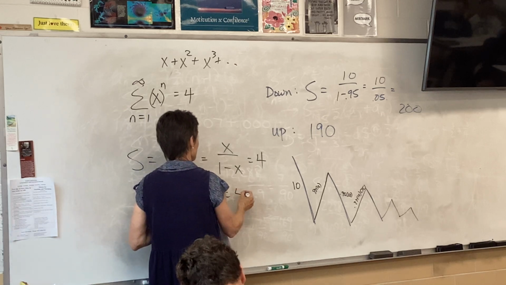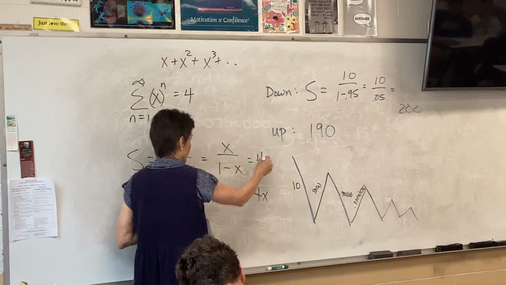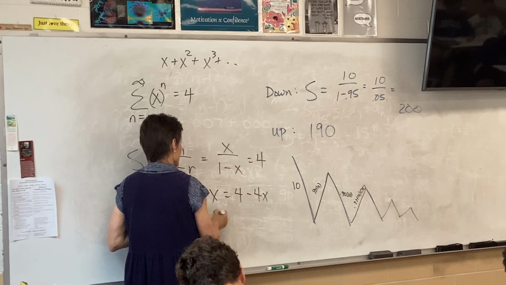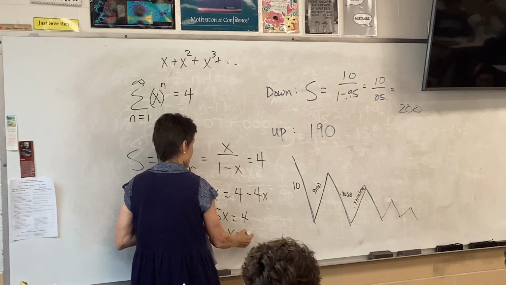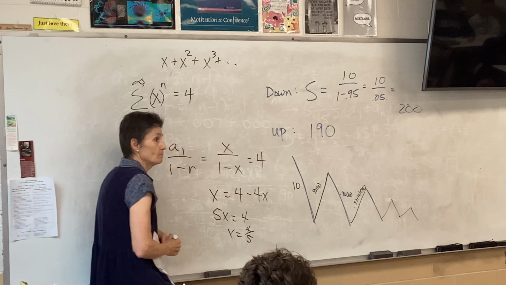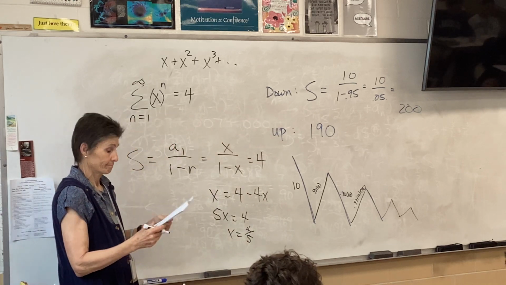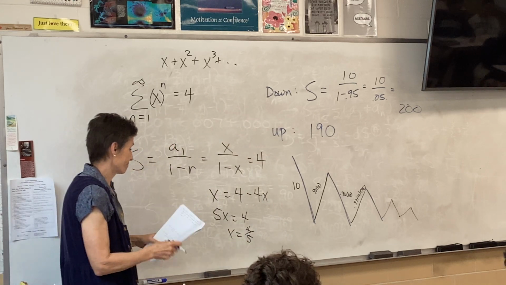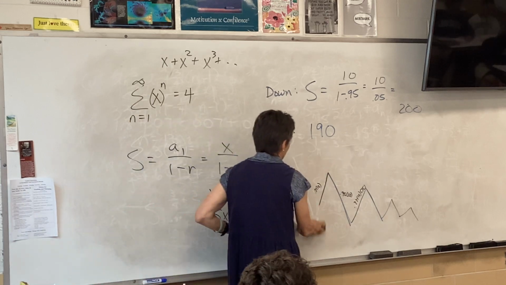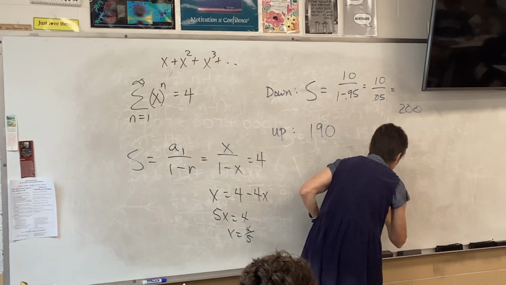So X equals 4 minus 4X, if I multiply over to there. So 5X equals 4, and it looks like X equals 4/5. Not too bad.